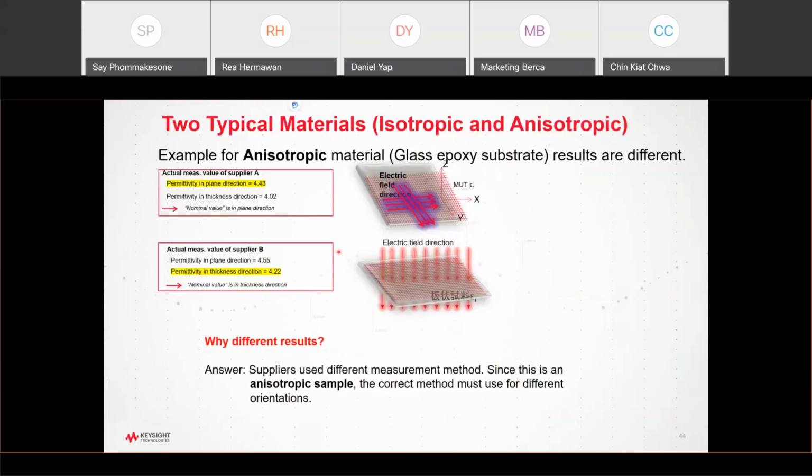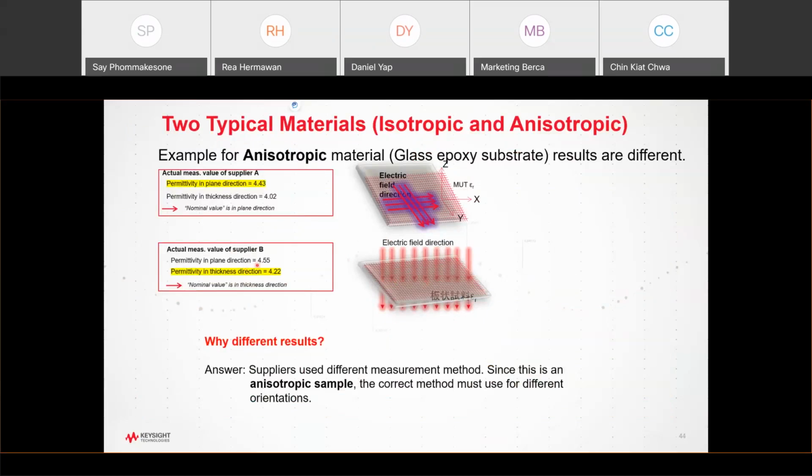So back to this slide, remember I said I will answer why there is a different result. The different result is because they use different measurement methods. The material structure behaves differently depending on which way the material is being used or the signal is applied.